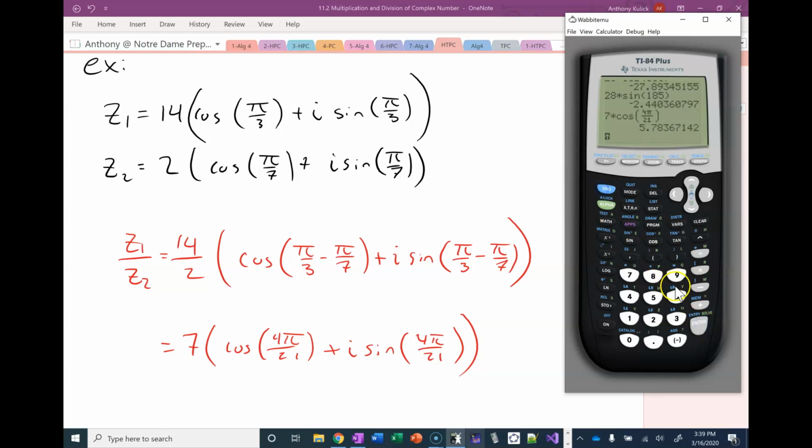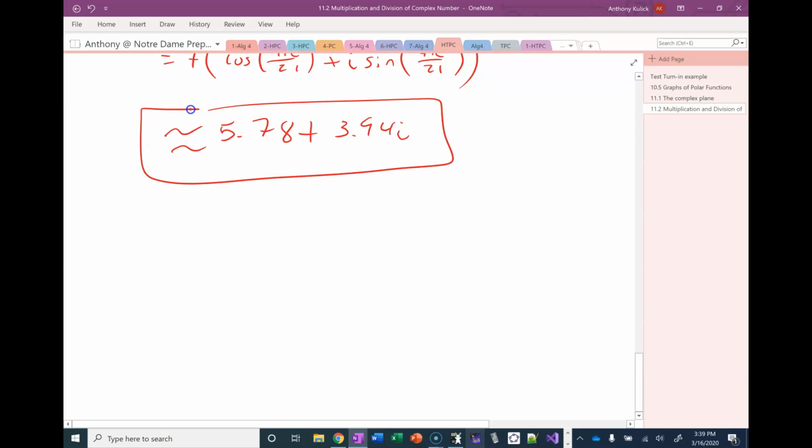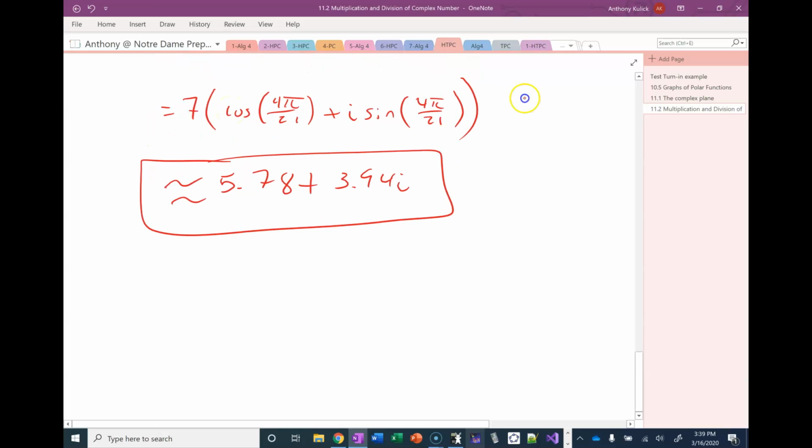And then we'll do the same thing with sine. So I'll just call that same command line and go edit the sine in. So that's everything we need. So this is about 5.78 plus 3.94i, depending on which form you wanted, whether trigonometric or standard.